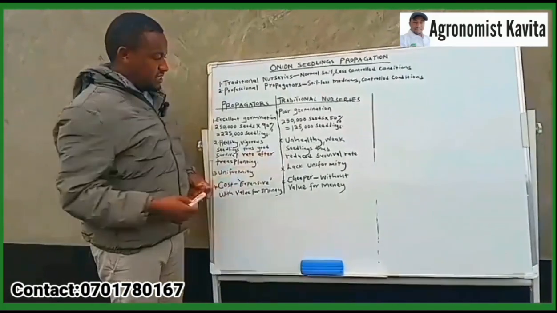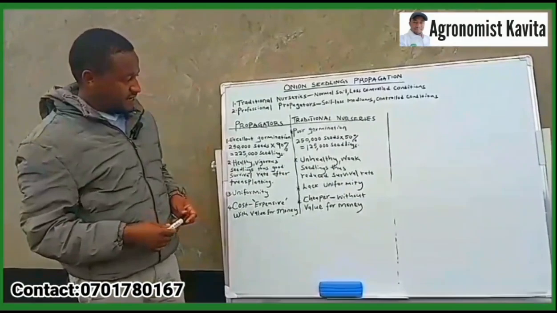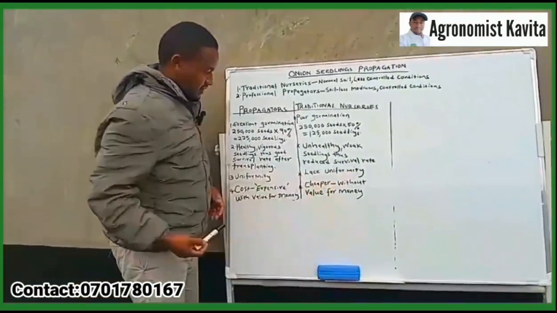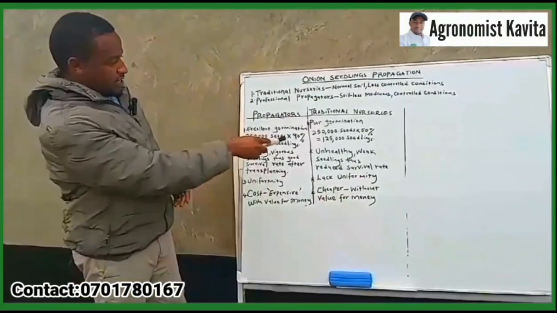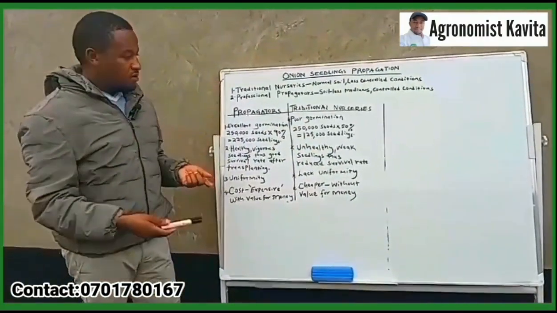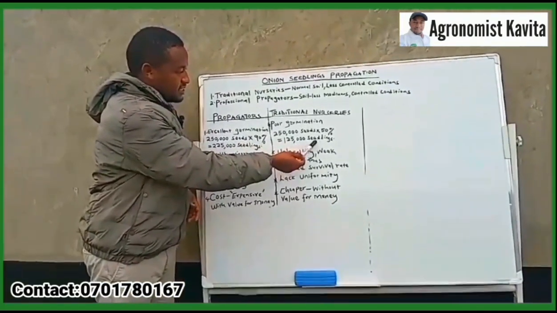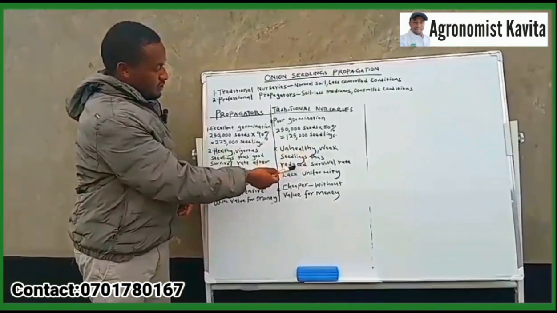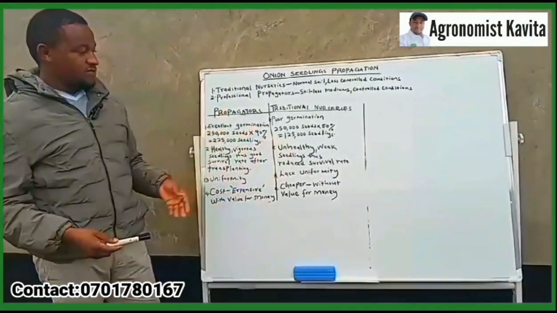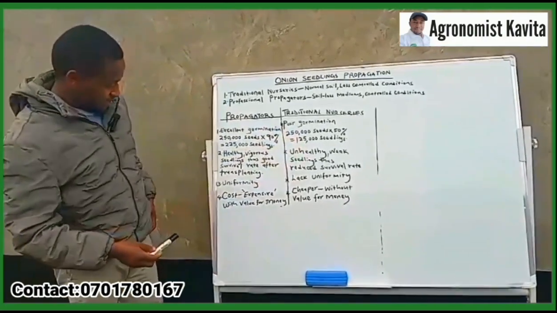When you end up with such seedlings, it really affects the survival rate. I have indicated this: it has reduced survival rate. So what does that mean? You still lose more. Let's say you ended up with 125,000 seedlings. When you do the transplanting, you lose, let's say, around 25,000 again. Now you are around 100,000.